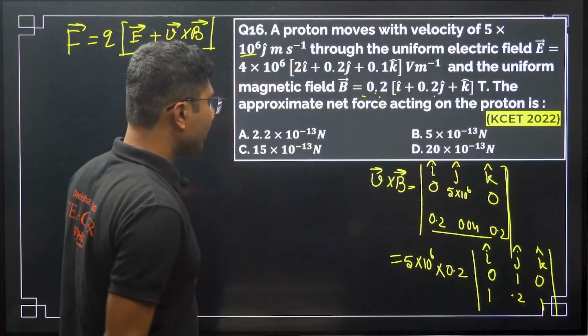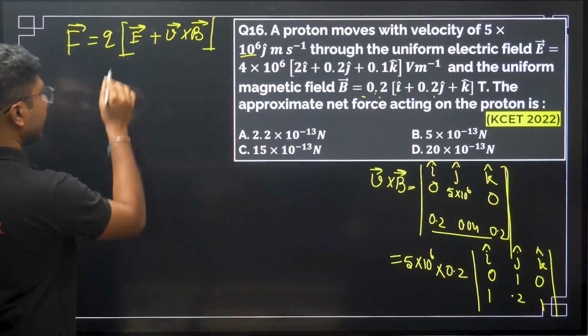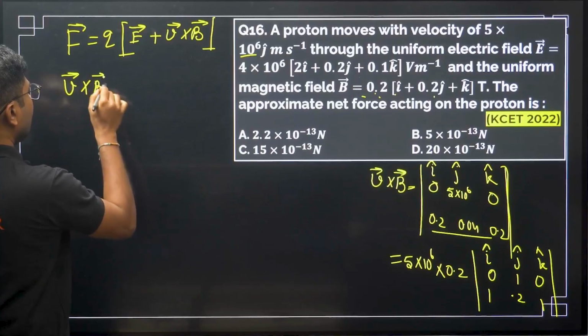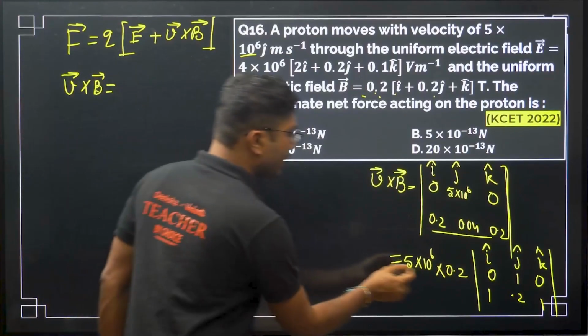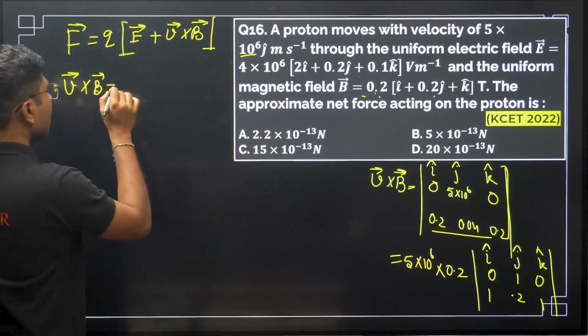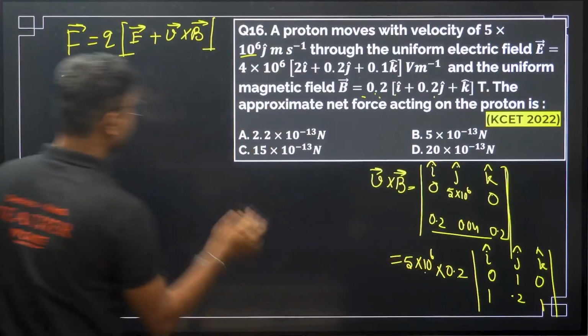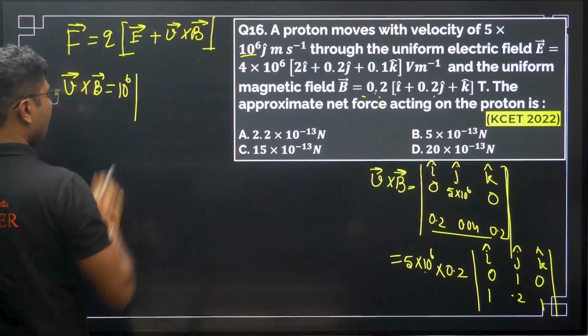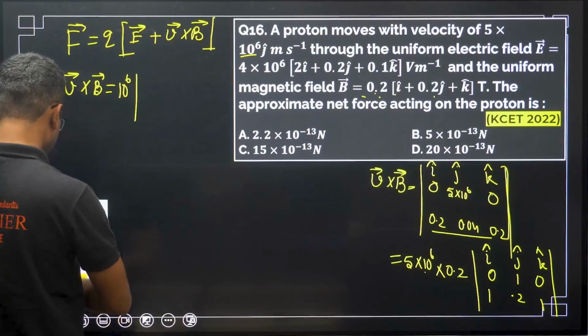Now we have to use the cross multiplication determinant principle. V cross B equals, now 5 into 0.2 is 1, so 1 into 10 to the power 6, and we will just break the determinant.